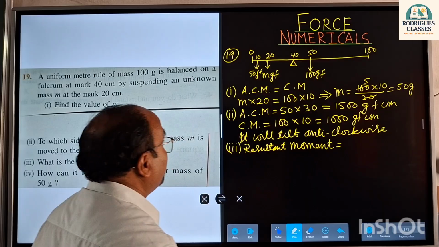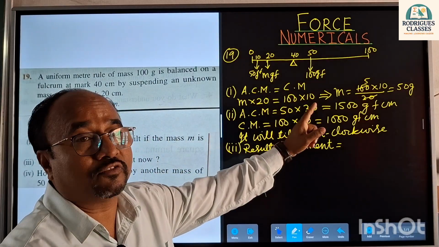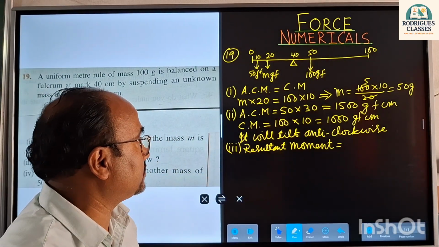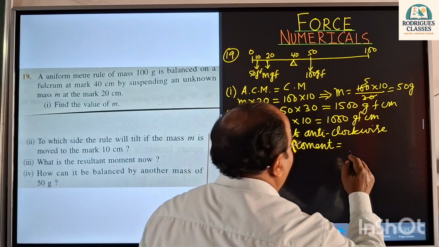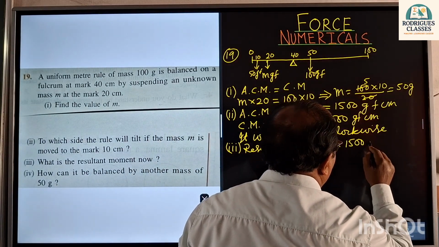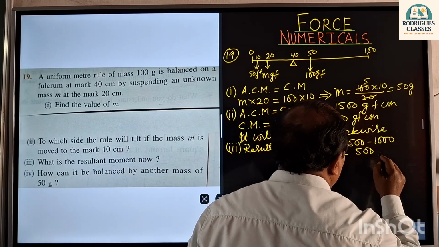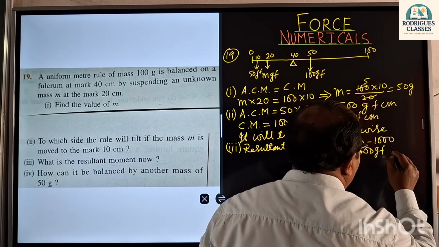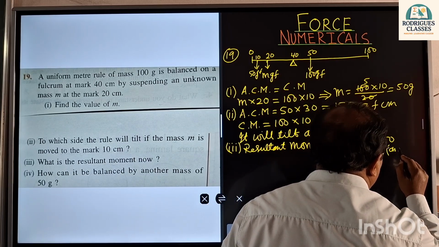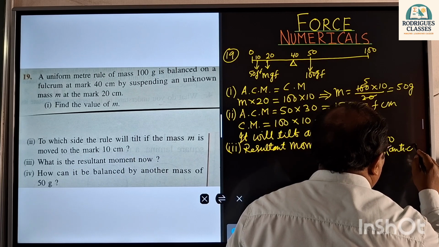So for the resultant moment, you can see anti-clockwise is 1500 and clockwise is 1000. So we will do 1500 minus 1000. So that will give me 500 gf centimeter, and I am going to write here anti-clockwise.